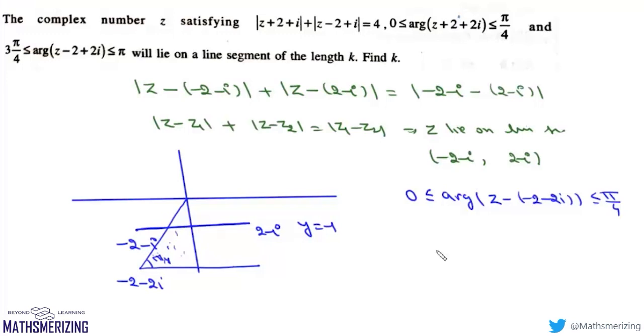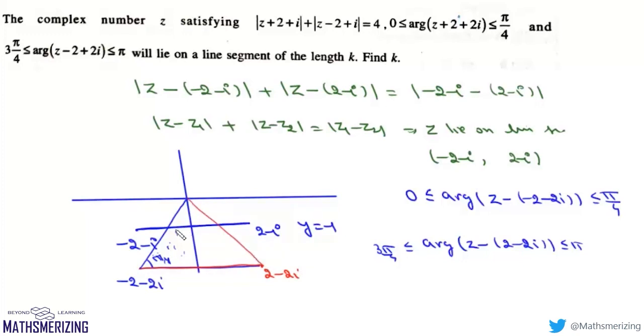And the next one is argument of z minus 2 minus 2 iota, it should lie between pi and 3 pi by 4. So here we have this point which is 2 minus 2 iota, and here this angle lies between pi and 3 pi by 4.